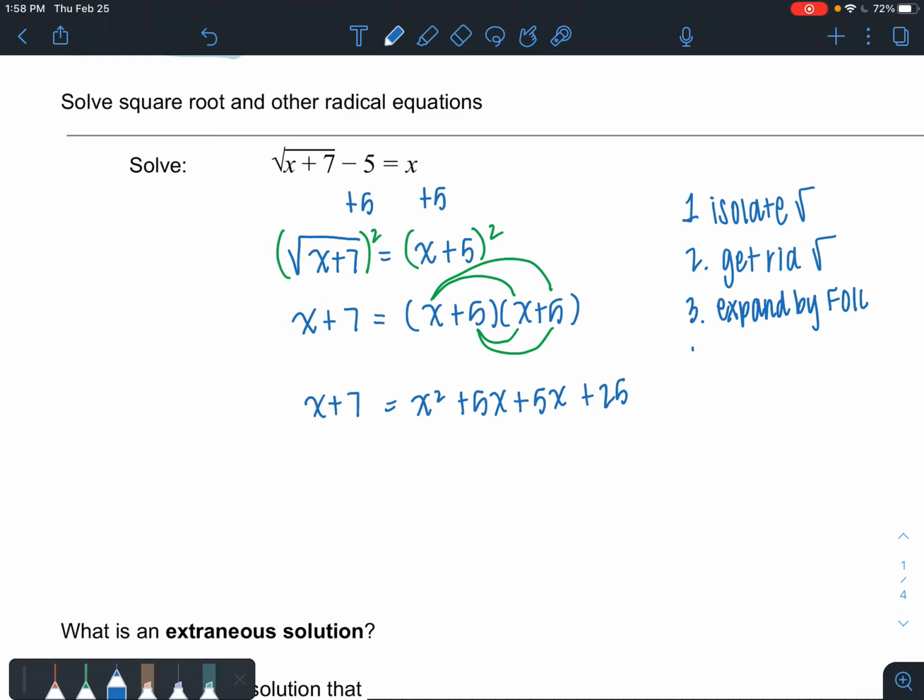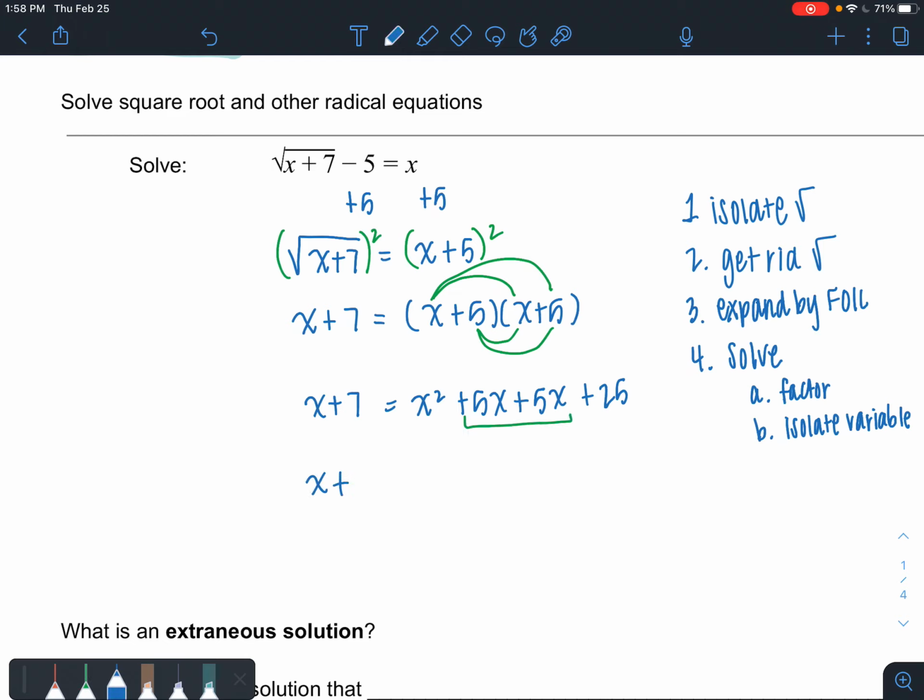All right, then step 4 is going to be to solve, and there are a few steps in the solving. We have two different options: A is factoring, and B is isolate the variable. Before we subtract, let's combine like terms.